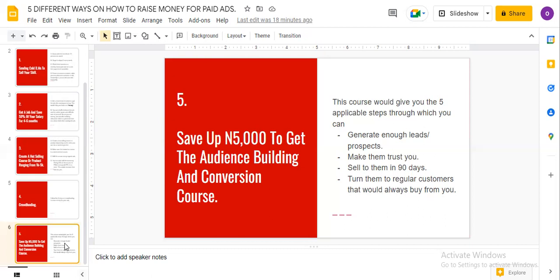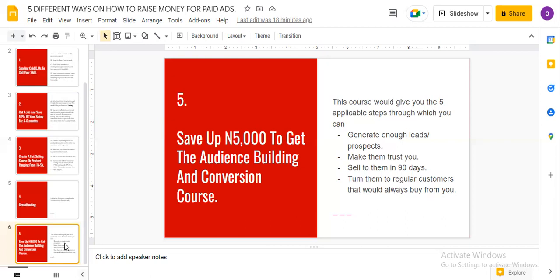So it gives you strategies on the kind of content you post on WhatsApp, so that they can pay you either now or later. Then the next thing is it's going to teach you how you can sell to these persons in less than 90 days, max 90 days.